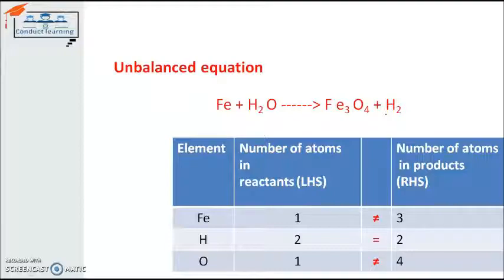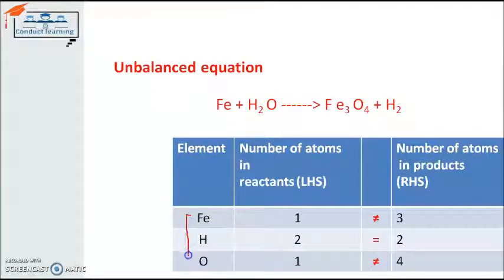Now we start by writing the elements on the reactant side and the number of atoms for each element on the reactant side. First I figure out the elements. The first element is iron, Fe, the second element is hydrogen, and the third element is oxygen.